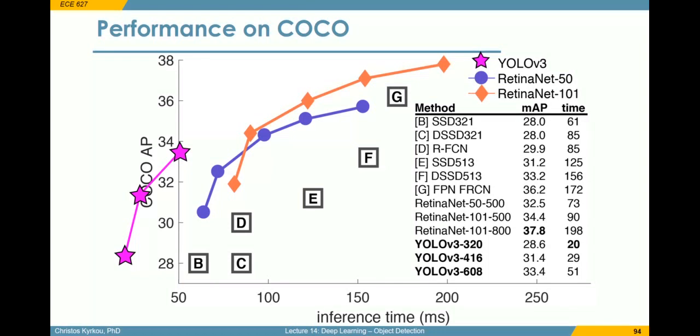So if we want to make RetinaNet, for example, as fast as YOLO, then we have to sacrifice some significant accuracy to do that. So you can see here the different trade-offs that are in play and the different choices we can make when choosing a detector.